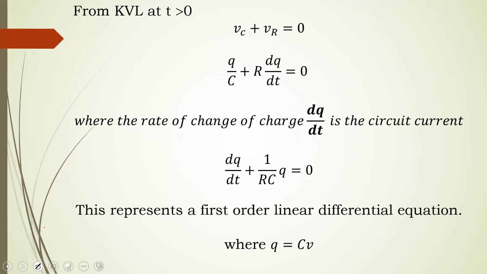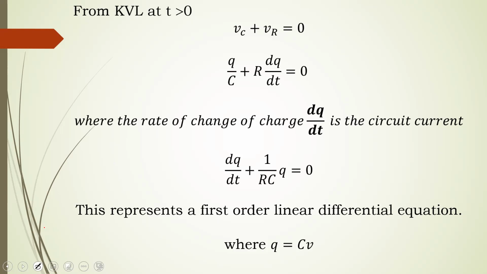And we know that Q, as we have said before, is equal to CV. It's important, students, when we're dealing with transients, that we distinguish between instantaneous and steady state values. So instantaneous, we use the lowercase.